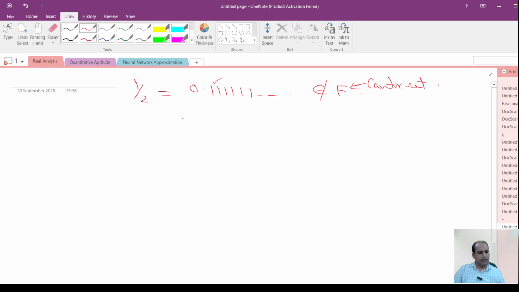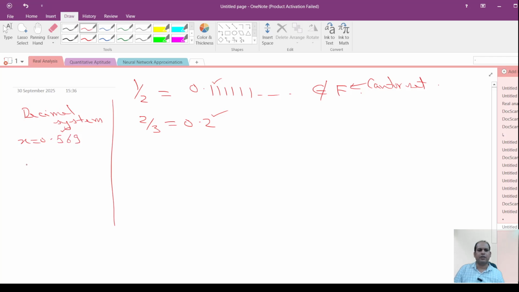Other examples, say 2 by 3. 2 by 3 is 0.2. Why? Just like in the decimal system, if we recall, suppose x is equal to 0.569 is given.